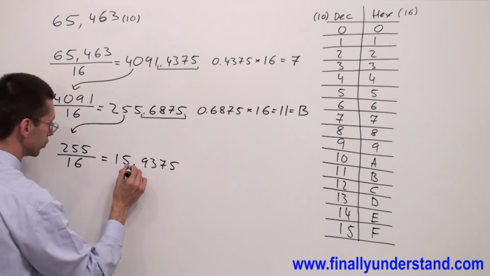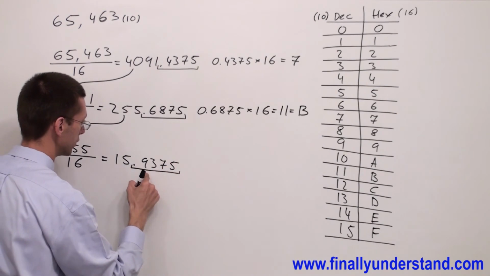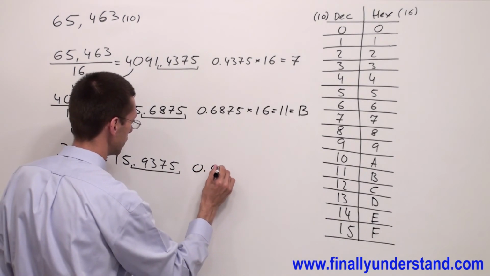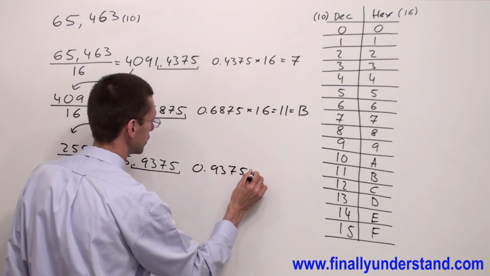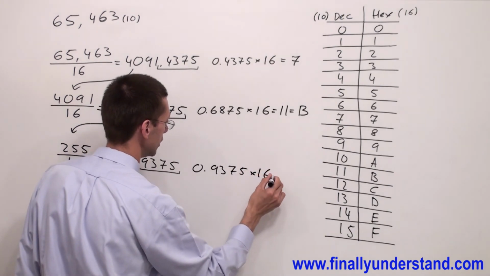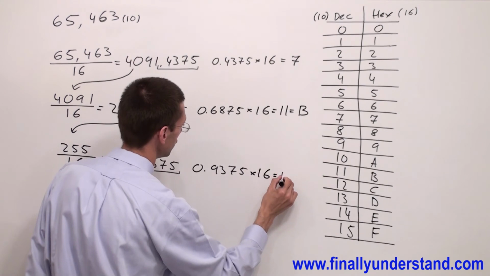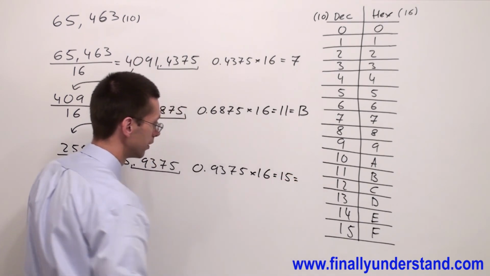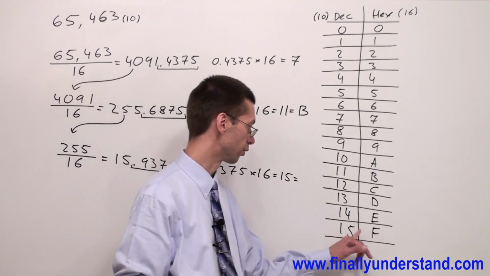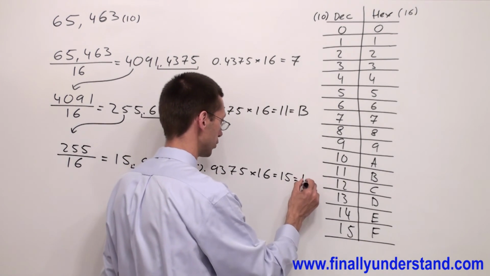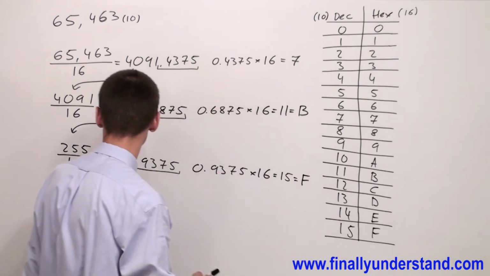Again, you're supposed to take the decimal part of this number and multiply by 16. You have 0.9375 times 16, which is equal to 15. Decimal 15 is equivalent to F in hexadecimal. That's why I'm going to write F over here.